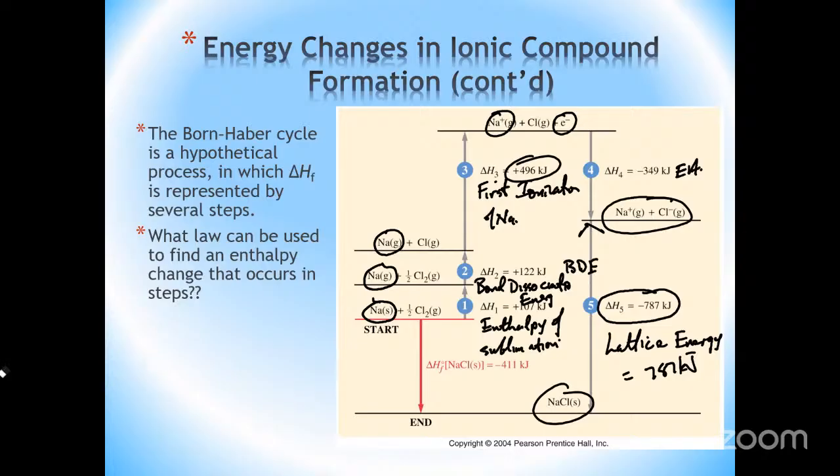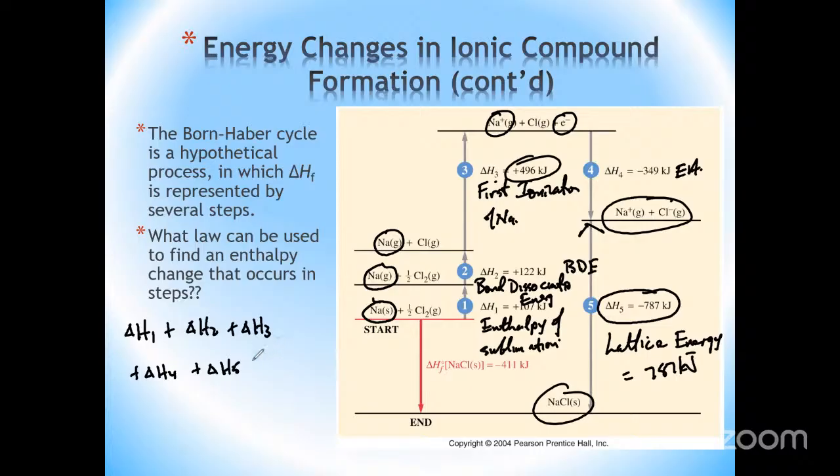I'm going to show you the relationship between these terms. According to the Born-Haber cycle, I'm going to start here: delta H1 plus delta H2, so that's 1, 2, and then plus delta H3. And then we go over here, plus delta H4, and then plus delta H5.